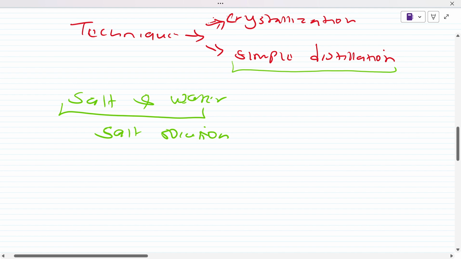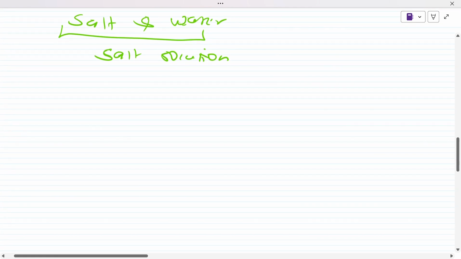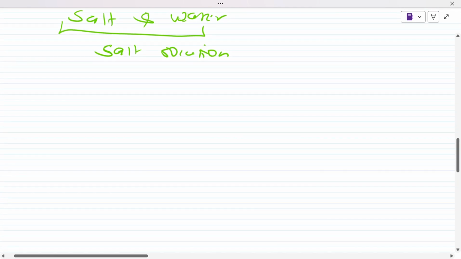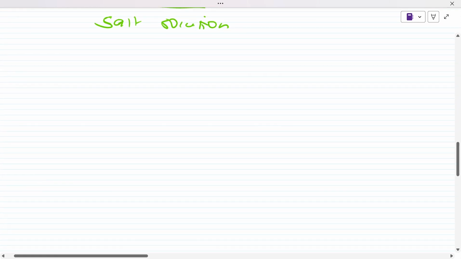And now, if you want our salt and water at the same time, we can come up with a diagram that is going to demonstrate how this experiment is supposed to be structured and done in the lab. So I'm going to do a sketch of how a simple distillation diagram looks.